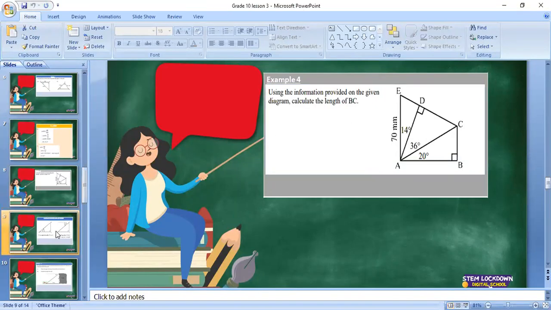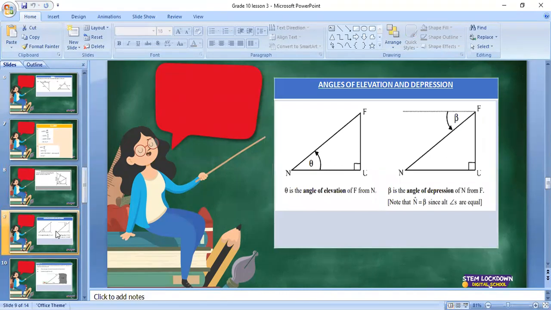elevation and depression now, so that we'll be able to talk about that. Angle of elevation and depression. What do you mean by angle of elevation and what do you mean by angle of depression? Like here now, if you're standing at this point N, and then you have a tall mango tree right in front of you.